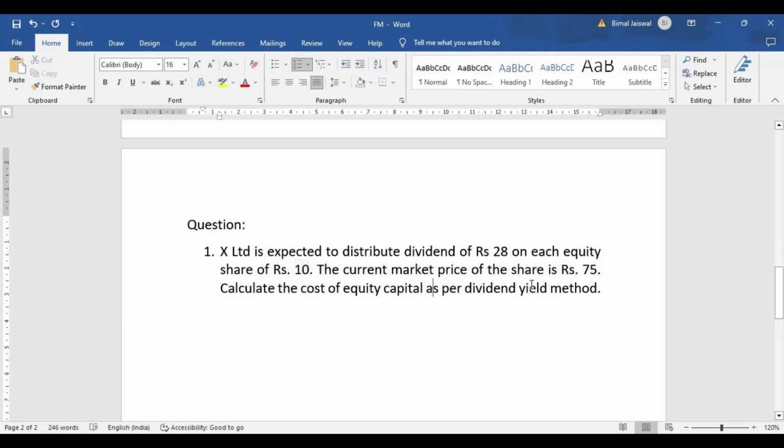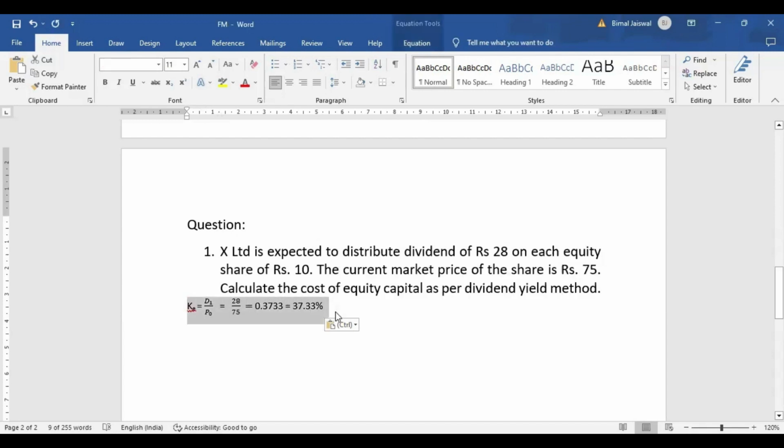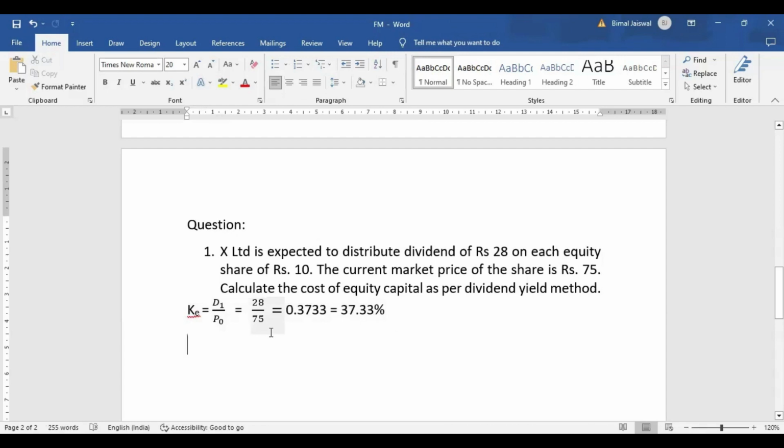The current market price is rupees 75, and we have to calculate the cost of equity. The dividend and the current market price are both given, so simply we can put in the equation and get the solution. 28 upon 75, 37.33% is the cost of equity.